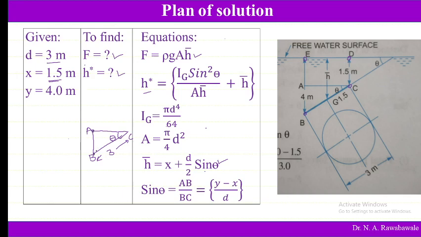So how can we find out AB? AB is equal to EB minus EA. Distance AB is equal to EB, the total distance E to B, minus CD or EA.